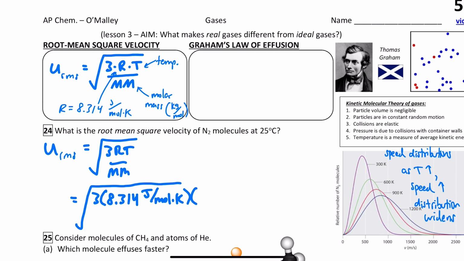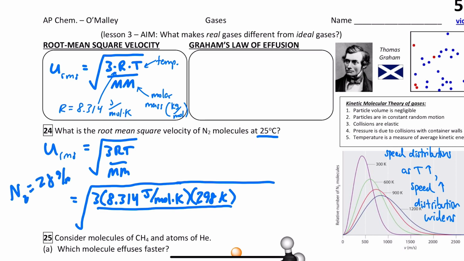My temperature of 25 degrees Celsius becomes 298 Kelvin. And then I divide by a molar mass. Now it says the molar mass has to be in kilograms per mole. So remember, nitrogen weighs 28 grams per mole, so that becomes 0.028 kilogram per mole.